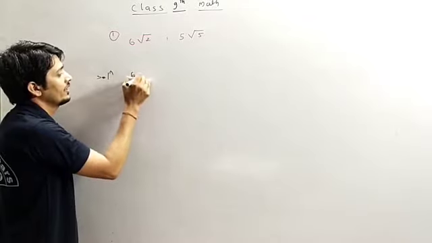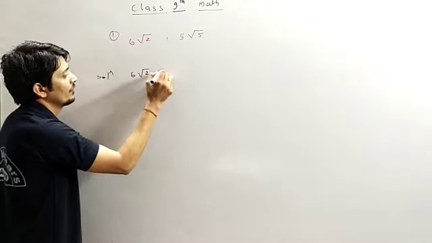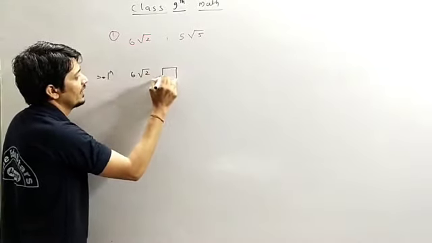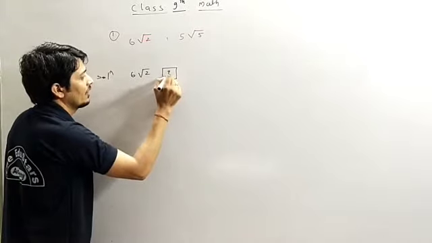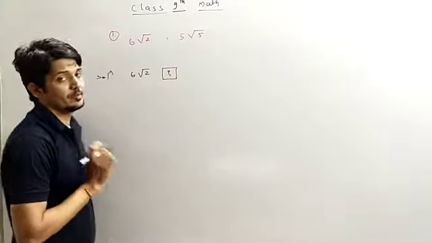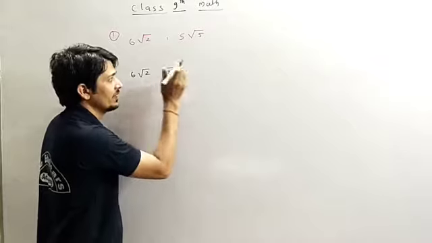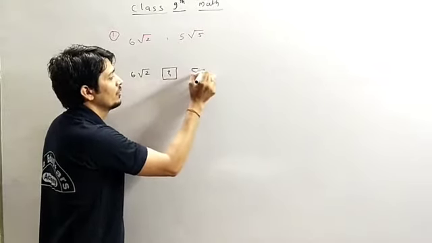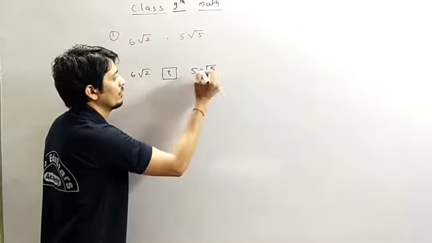So we have 6 root 2. We don't know whether they are equal or not, that means we are taking a question mark. What will come here? And we have 5 root 5.